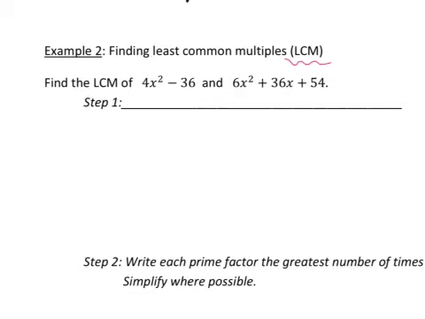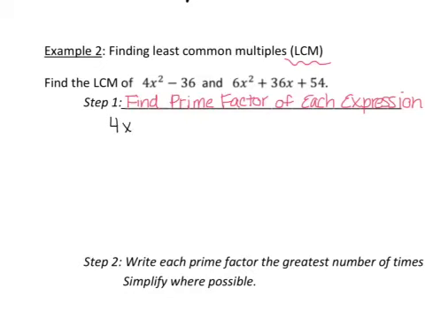So the first step is to find the prime factors of each expression. That means factor it as much as possible. Let's start with 4x squared minus 36.